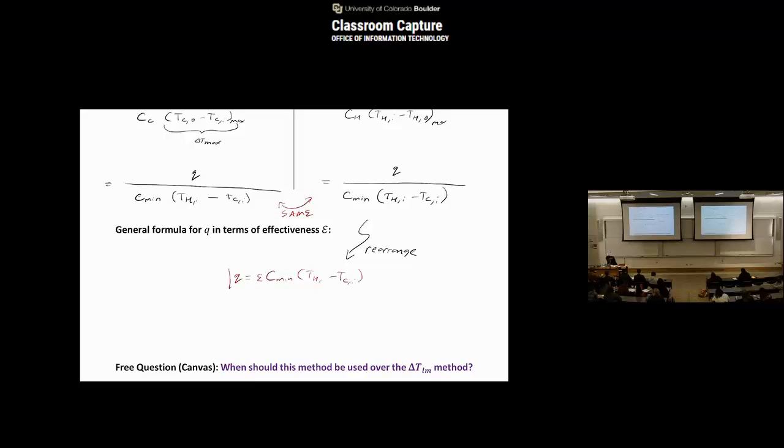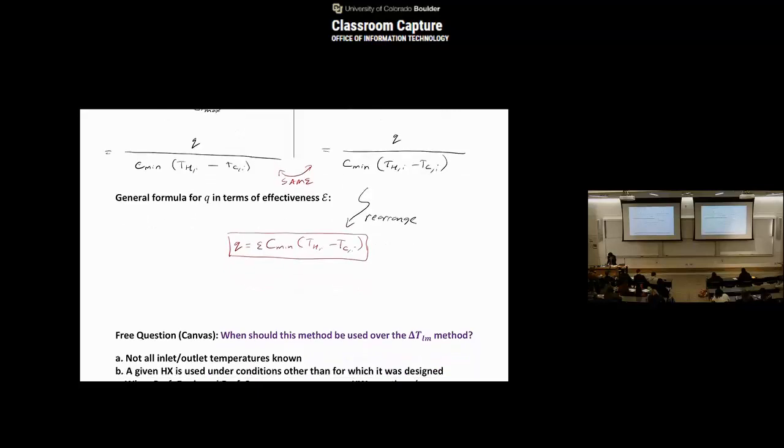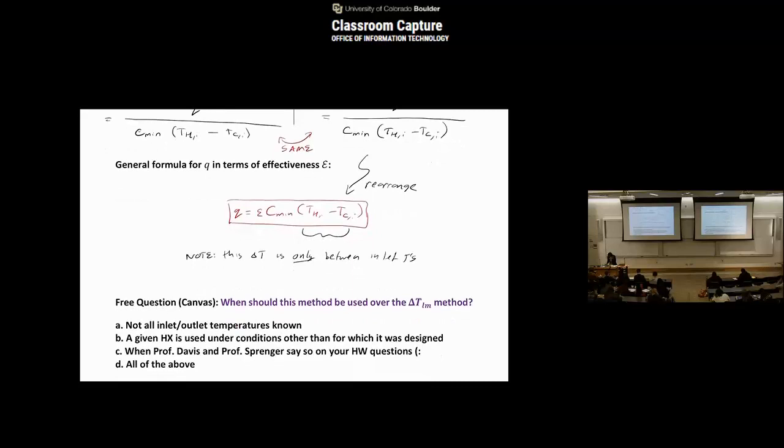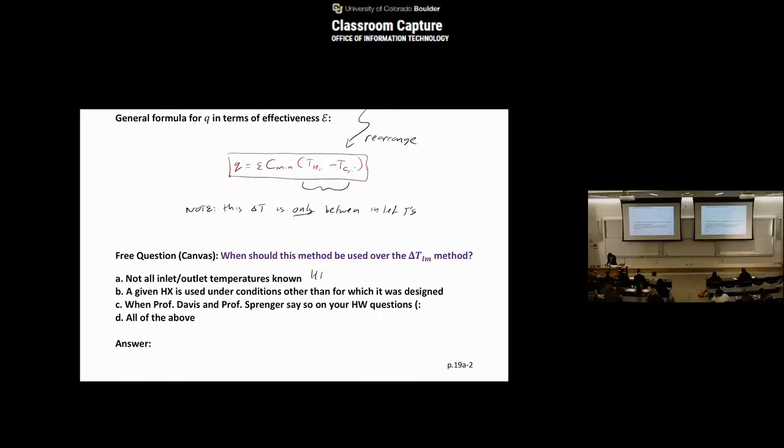This equation is important enough that I recommend you box it. What I want you to note is that this temperature difference here is only between the inlet temperatures. So this delta T is only between inlet T's. That is a hint for this part here.